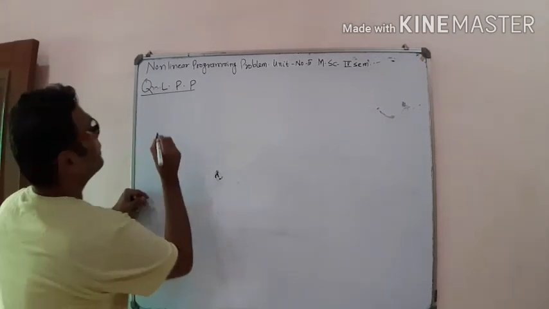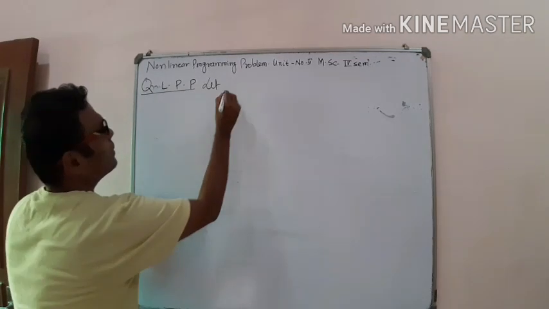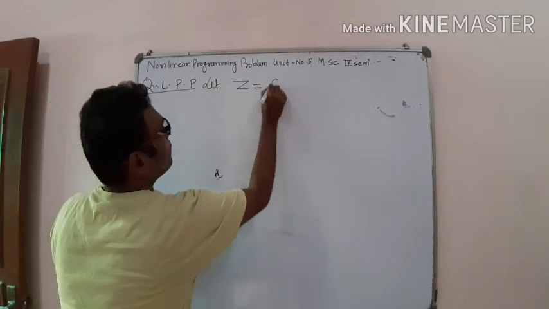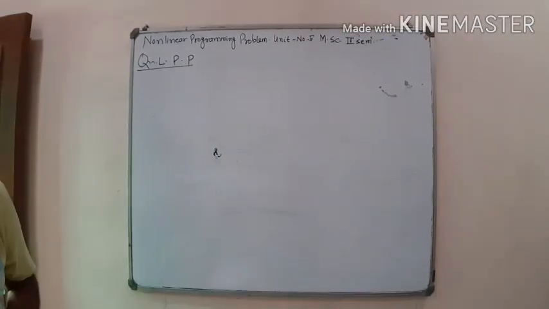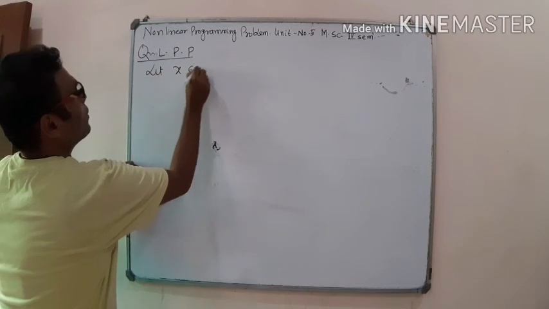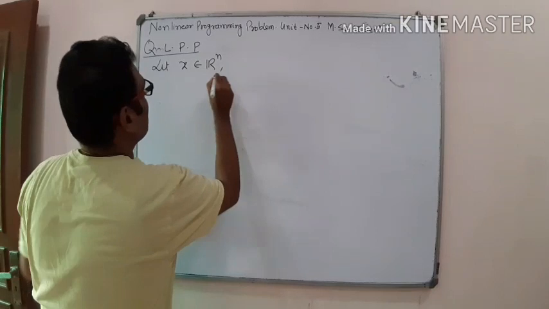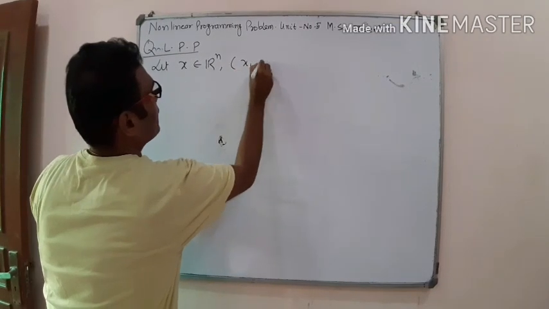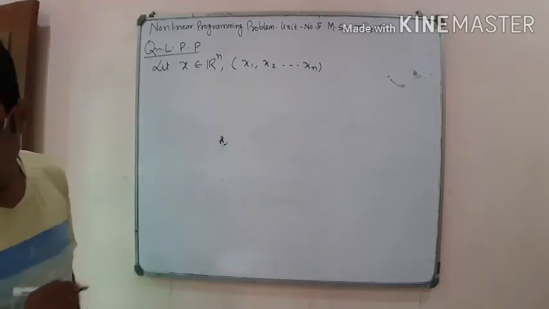Let x belong to R to the power n, a set of real numbers, that is x1, x2, up to xn, with n-tuple elements.